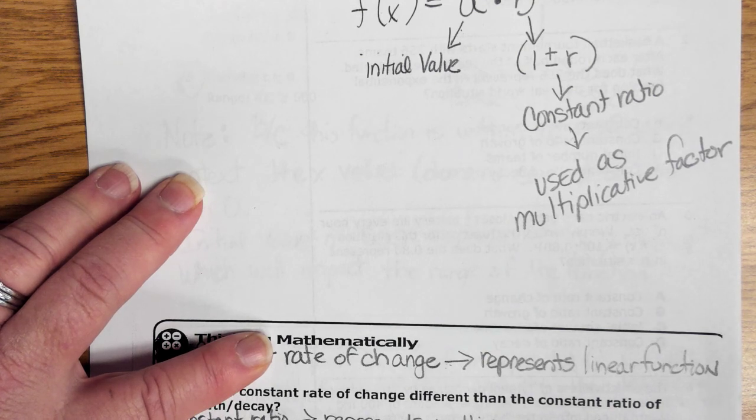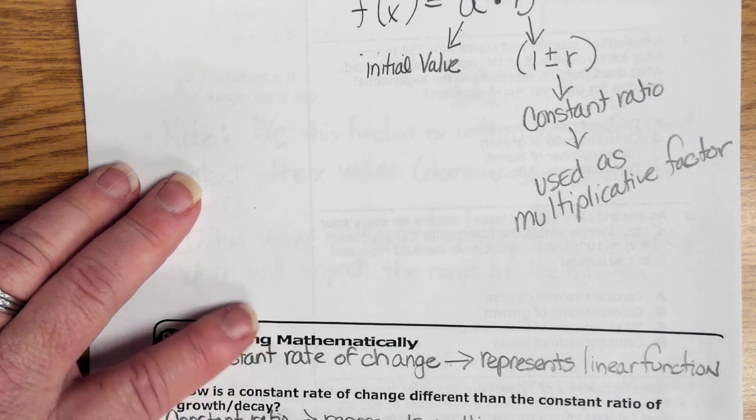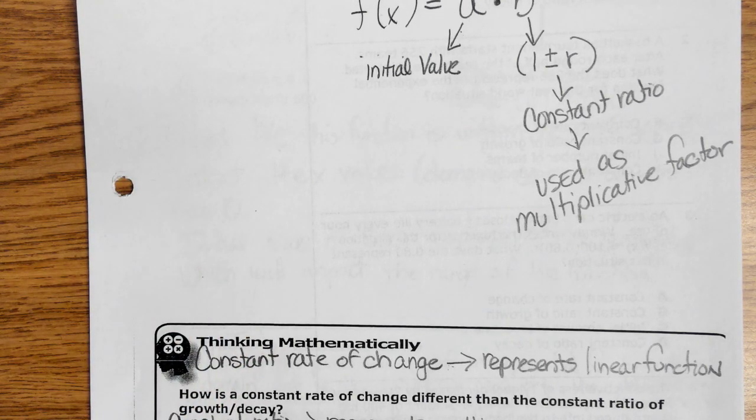So if you have a times b to the power of 0, you're really saying it's to the power of what? Anything to the power of 0 is 1, right? So b to the power of 0 would be represented by 1. Therefore, a times 1 is going to be your initial value. Does that make any sense to y'all? Do I need to write that out, or do you understand my verbiage of saying it?